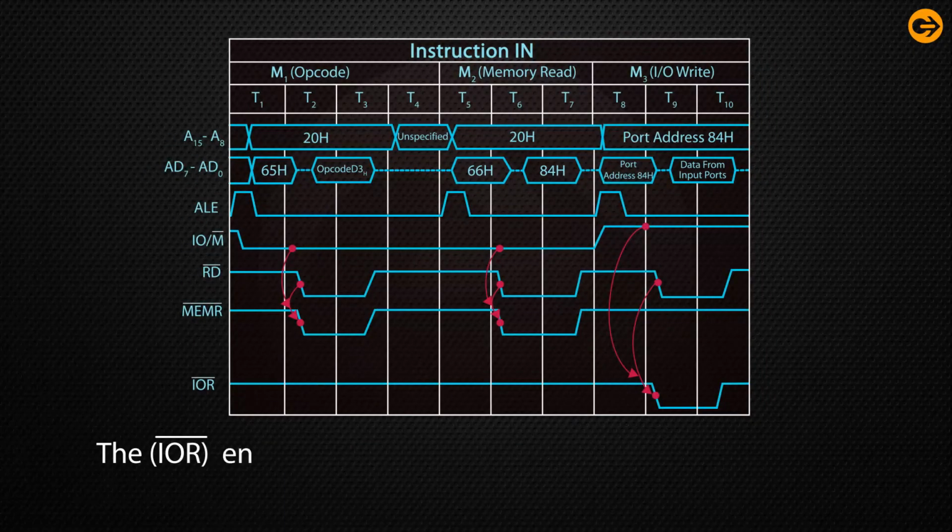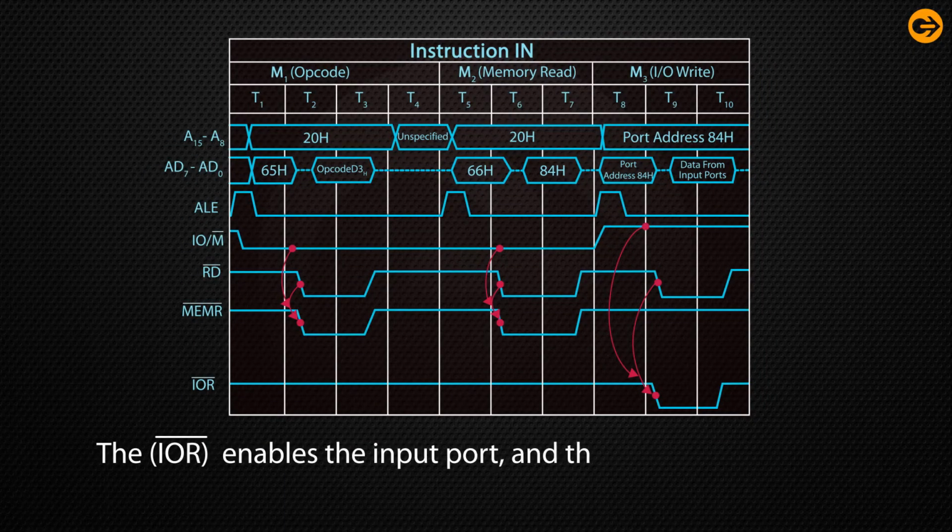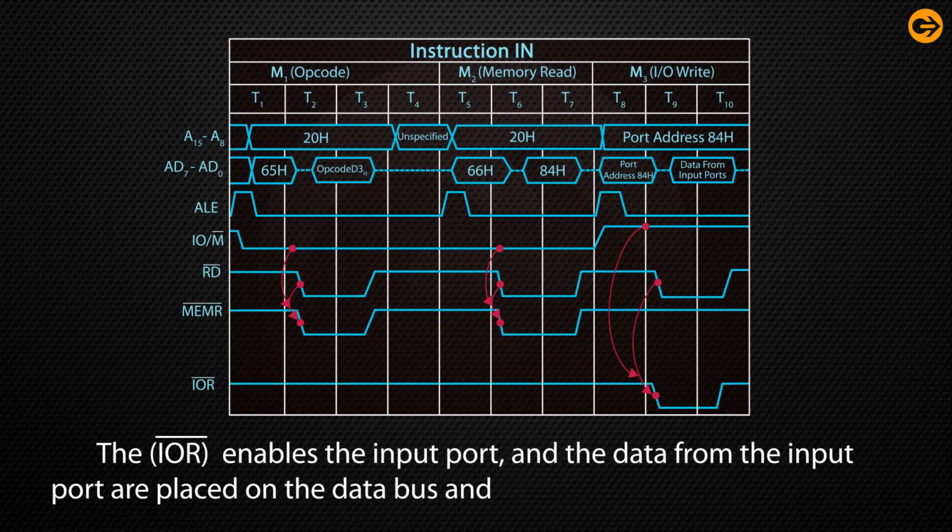The IOR bar enables the input port and the data from the input port are placed on the data bus and transferred into the accumulator.